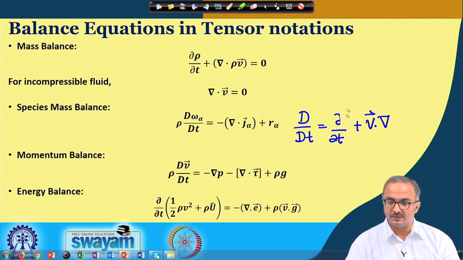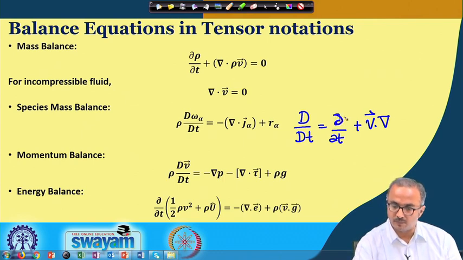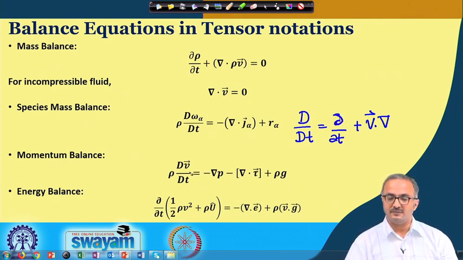It is again D by Dt, which is dou by dou t plus v vector dot nabla. Here again you will find this kind of equation, and here we have the pressure gradient.